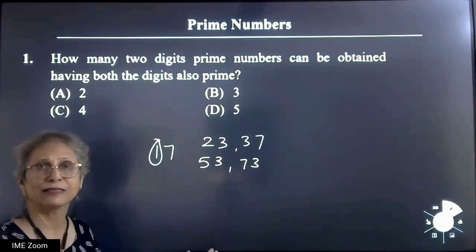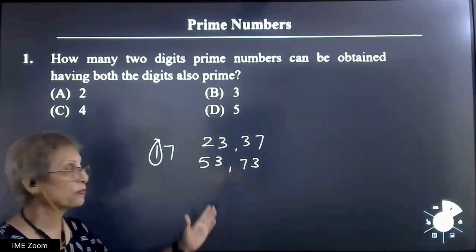Numbers should not end with any even digit, right? They should be odd. Just think of all the primes. Try to recall all the primes and then check whether both the digits are prime. So these four prime numbers have both the digits prime, and therefore our answer is C, 4 numbers, right? Let us see next.